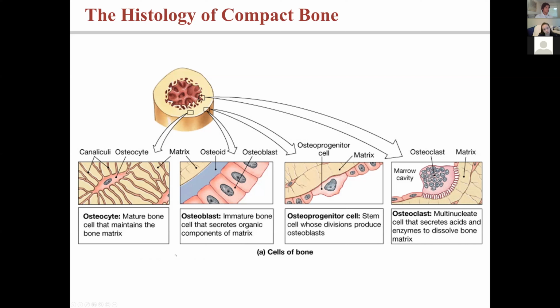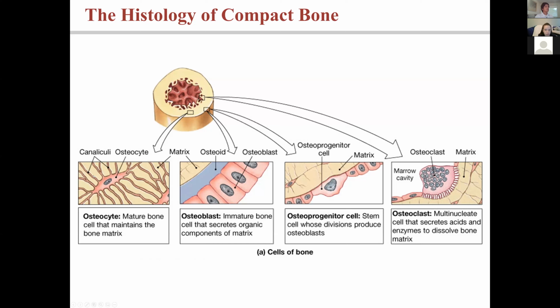So as this ossification process occurs, osteoblasts will mature into osteocytes, and these osteocytes will become trapped within this calcified matrix, this matrix in which the collagen of the osteoid had basically merged with these crystals of hydroxyapatite to create this calcified matrix.